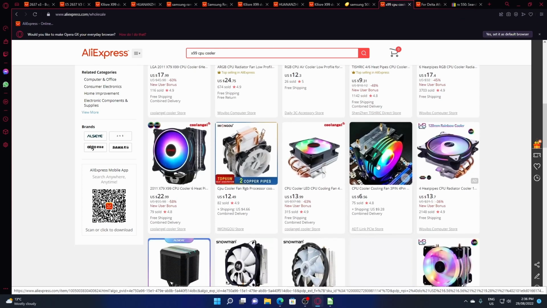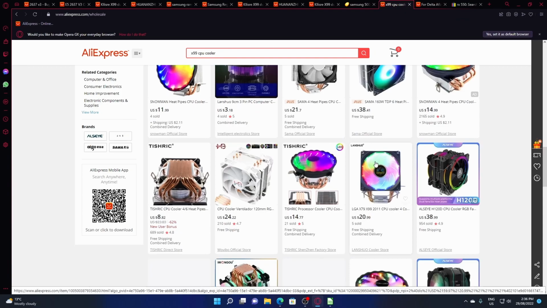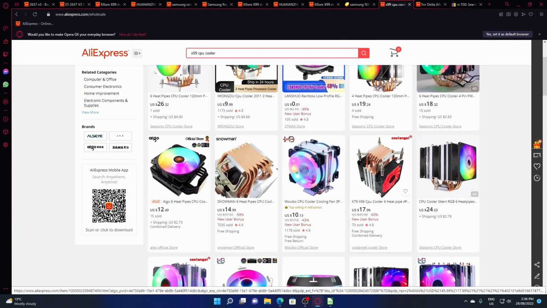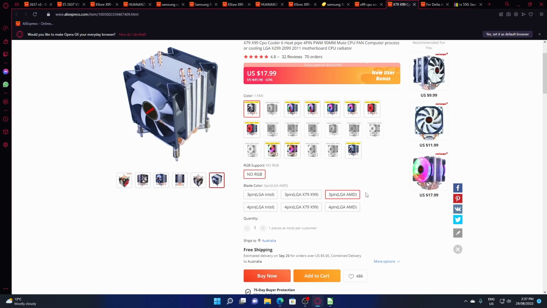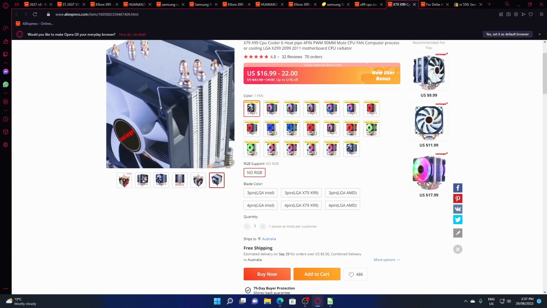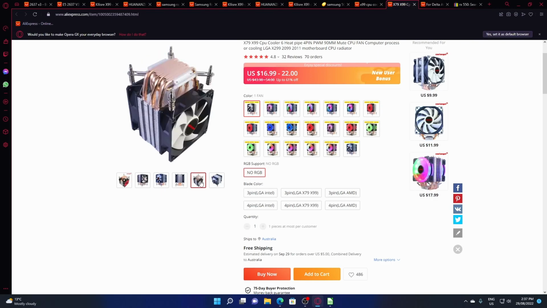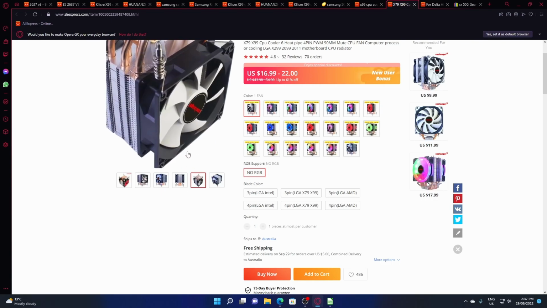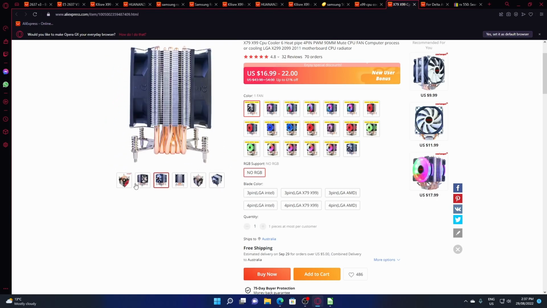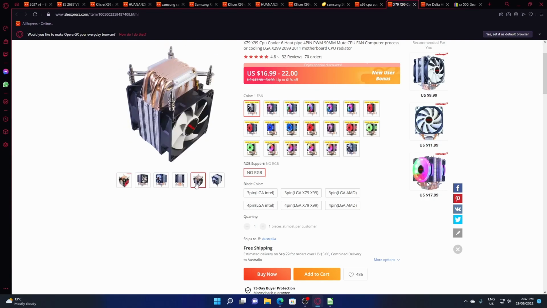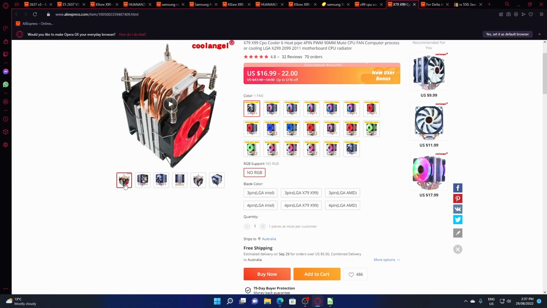But the Xeons, they don't actually heat up that much, so let's just go with this. No RGB, yes, thank you. We're not going to use a fan. That should be fine. What I'm worried about is sometimes they give you plenty, but all of them seem to have the screw down effect, not the clip. So I'm going to call that a win.